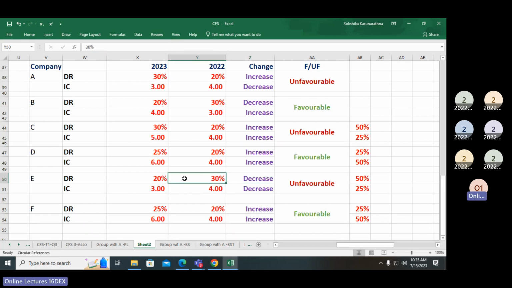Now here risk decrease. risk එක අඩු වෙනවා. return එකත් අඩු වෙනවා. right. දැන් මොකද? risk එක අඩු වෙනවා, return එක අඩු වෙනවා.